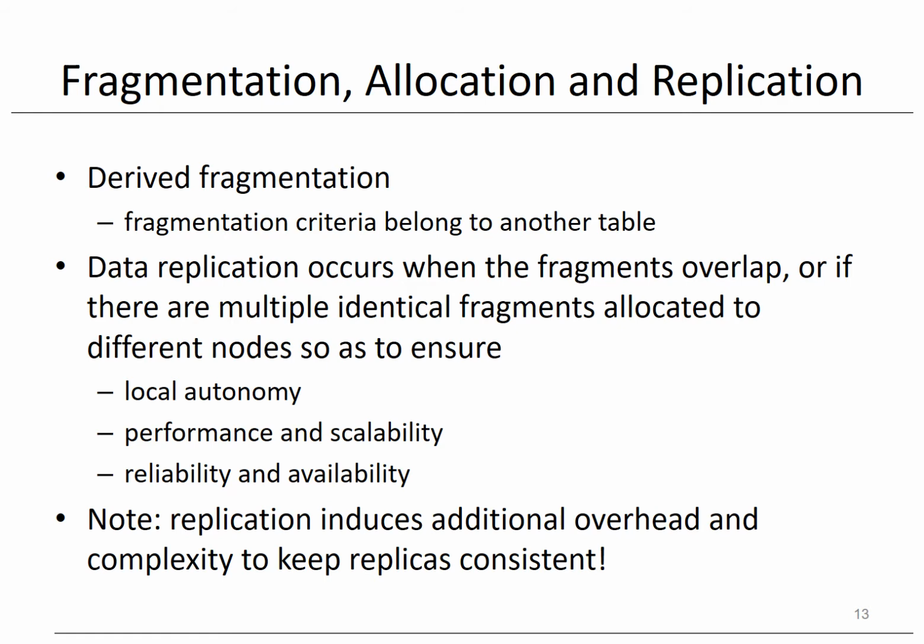There may be different reasons for data replication, such as local autonomy, performance, reliability, and availability. Replication also induces additional overhead and complexity to keep the different replicas consistent and propagate updates to a data item to all its replicas.